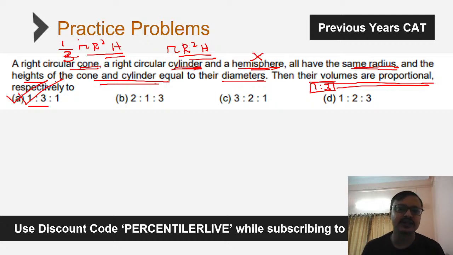Hence the answer is option A, that is 1:3:1 is the ratio of the volumes. So that is how you could have immediately marked the answer as option A, that is 1:3:1. Always look for the easier ones and be able to mark the answers.